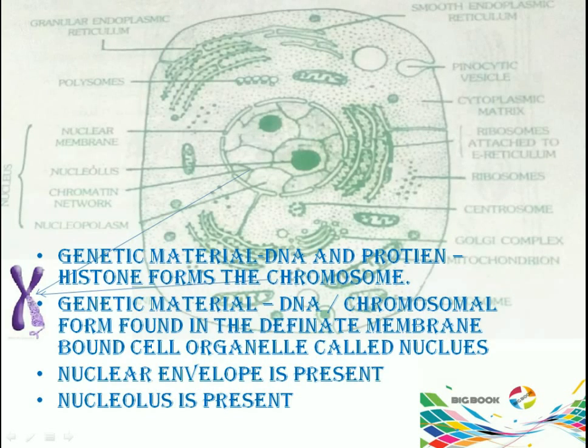Now here the DNA is the deoxyribonucleic acid, and the proteins are the histones, which combine to form scaffold-like structures, where the chromosomes appear in this form during cell division.